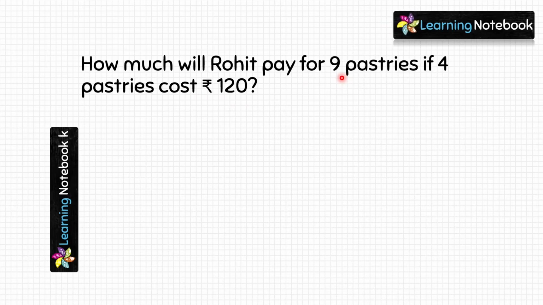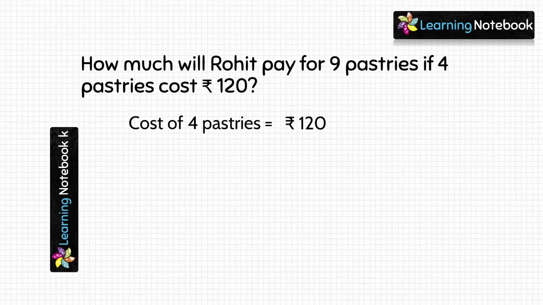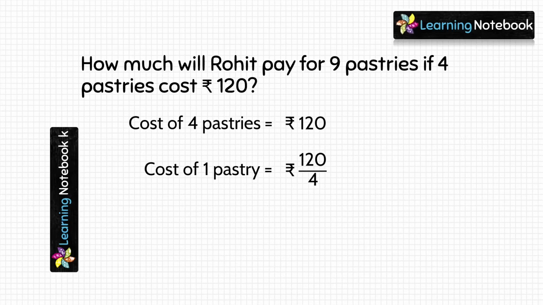So again, we can solve this question using unitary method. So let's solve it. Cost of 4 pastries equals rupees 120. So cost of 1 pastry would be equal to rupees 120 divided by 4, which equals rupees 30.